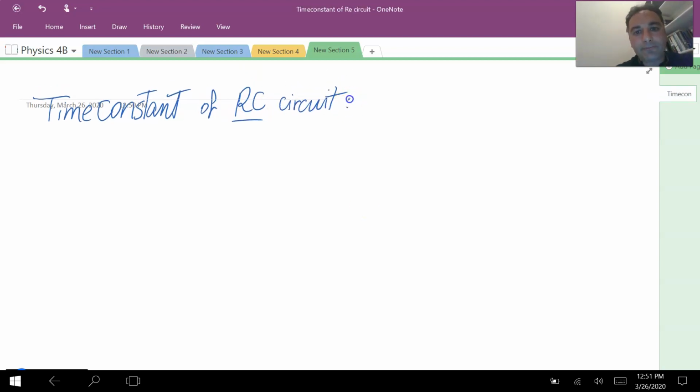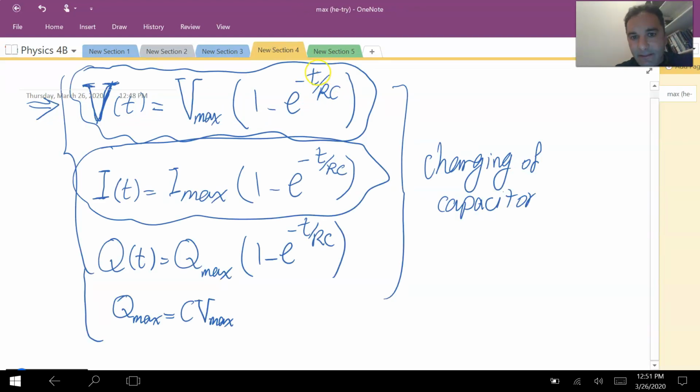Look guys, if you see in this equation, we do have RC, multiplication of resistance times capacitance. Resistance times capacitance.